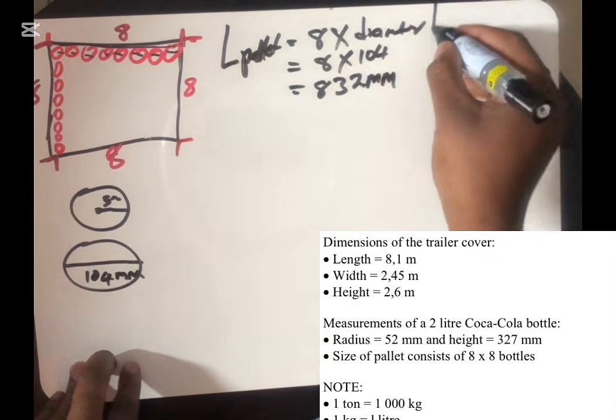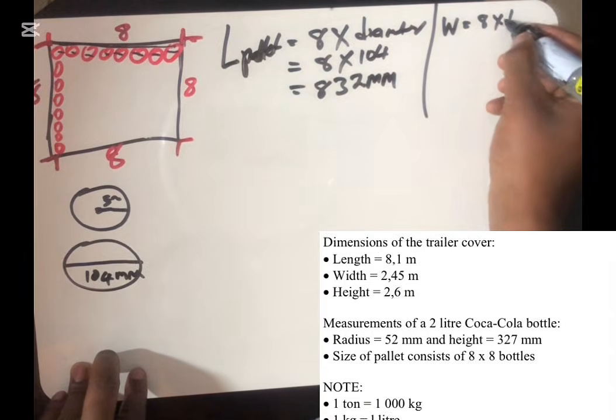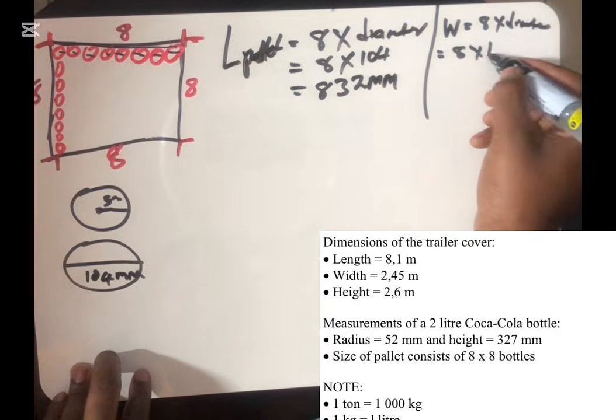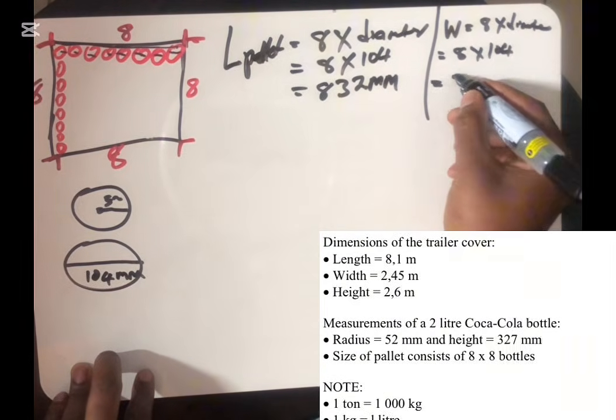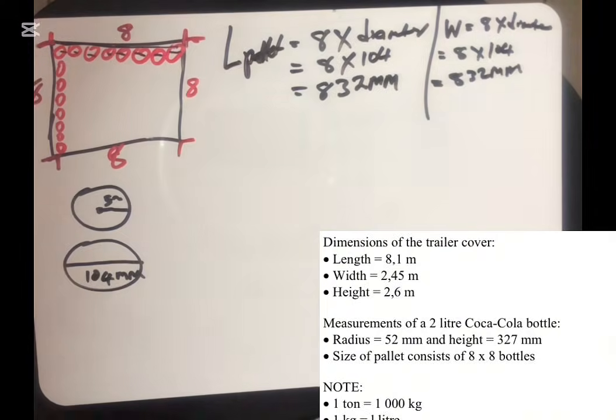You do the same with the width. Width is equal to 8 multiplied by diameter, whereby you're going to have 8 multiplied by 104. It will give you 832 millimeters. Then now we have the length of a pallet and the width of a pallet.